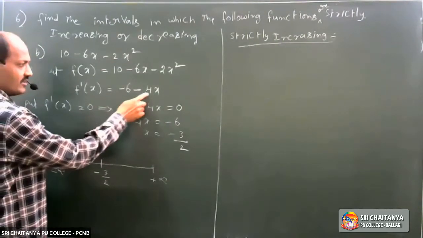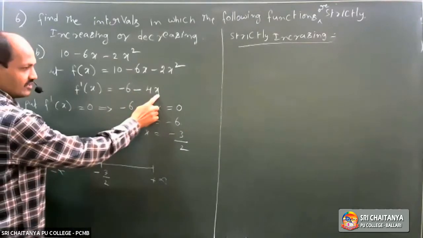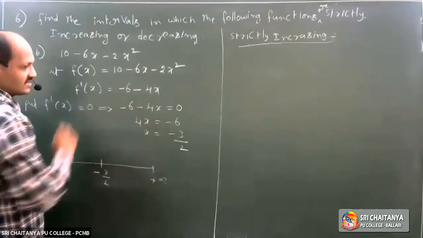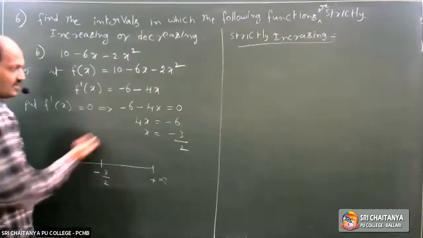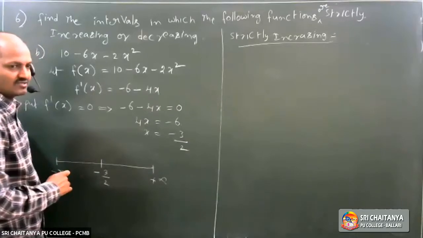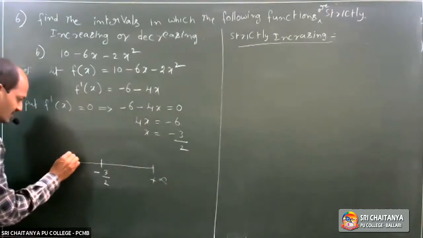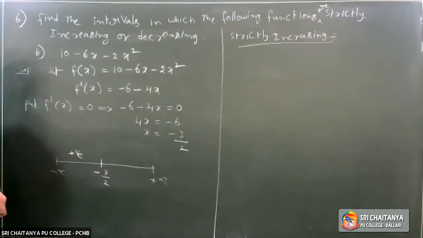Minus 6, minus 4 into minus 2. Minus 4 into minus 2 is plus 8. Minus 6 plus 8 is plus 2. Minus 3, consider next. If x equal to minus 3, minus 4 into minus 3 is plus 12, minus 6 plus 12 is plus 6. So in these intervals, it is positive.